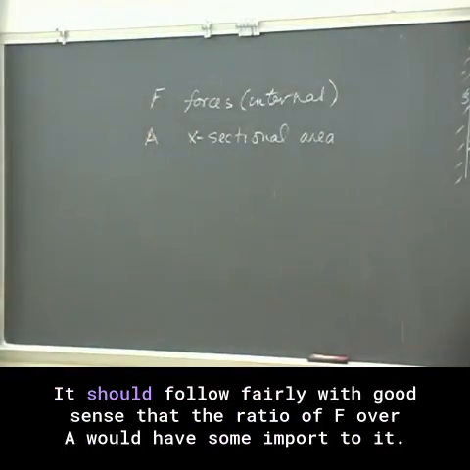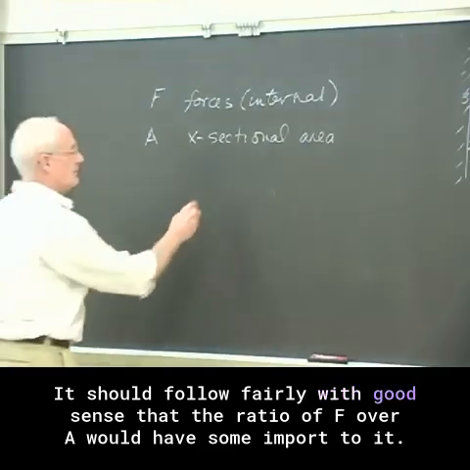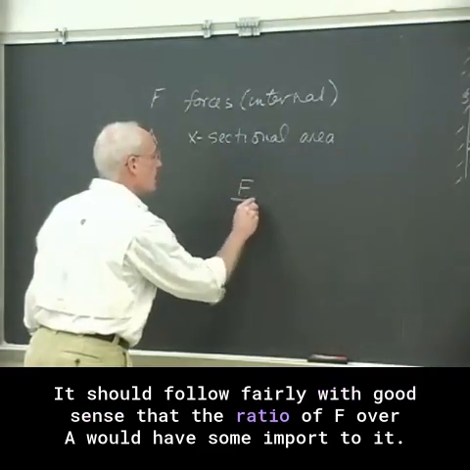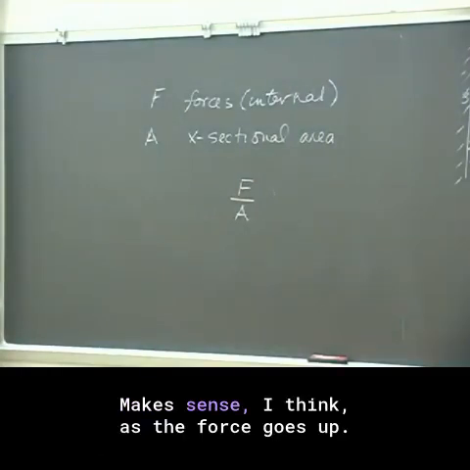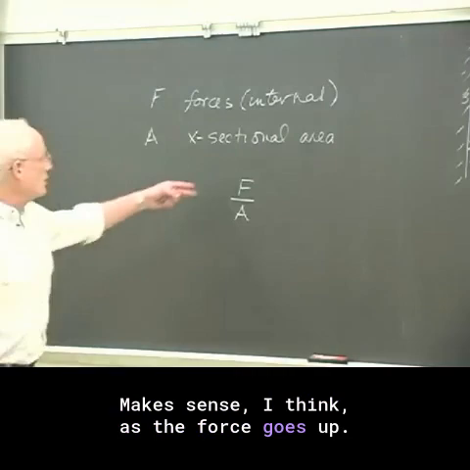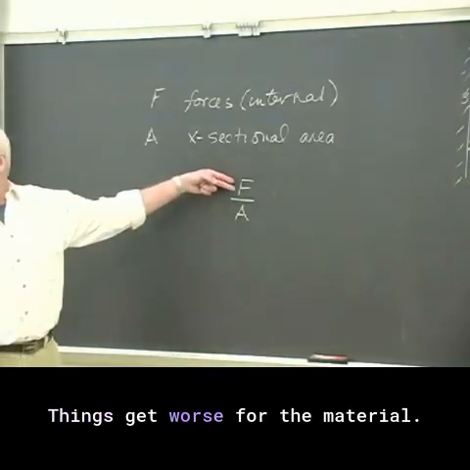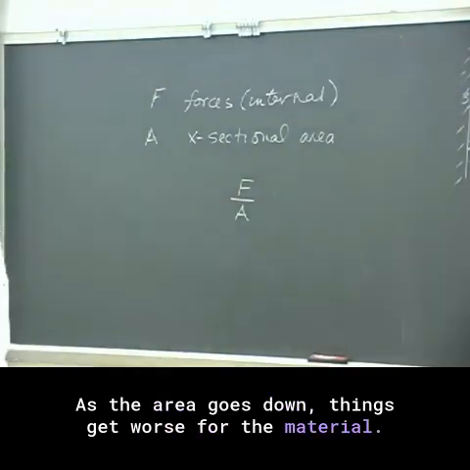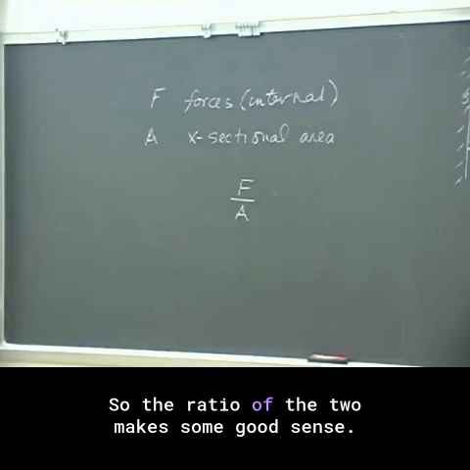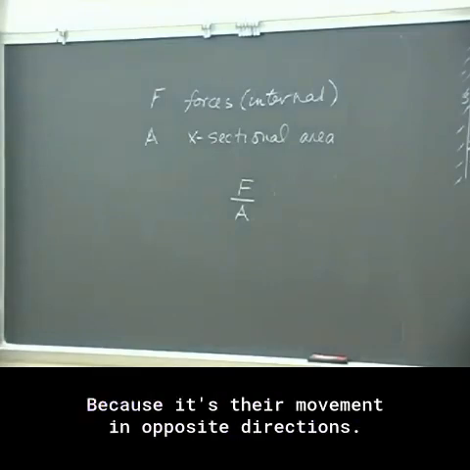It should follow with good sense that the ratio of F over A would have some import to it. Makes sense, I think, as the force goes up, things get worse for the material. As the area goes down, things get worse for the material. So the ratio of the two makes good sense because it's their movement in opposite directions.